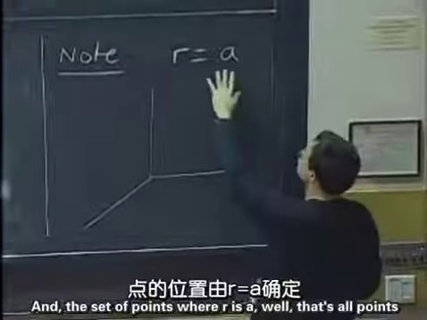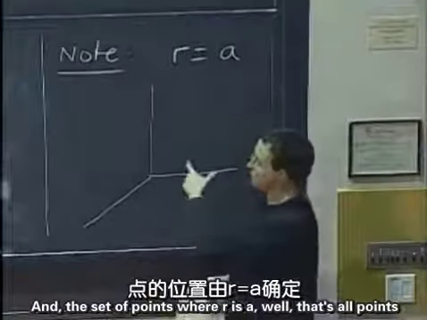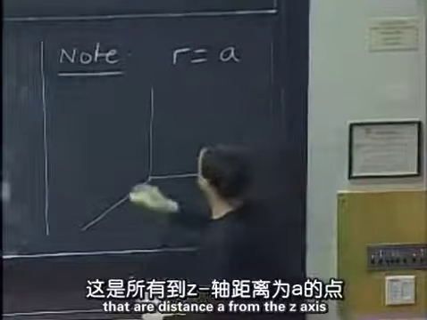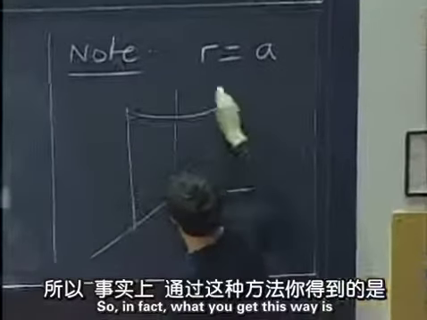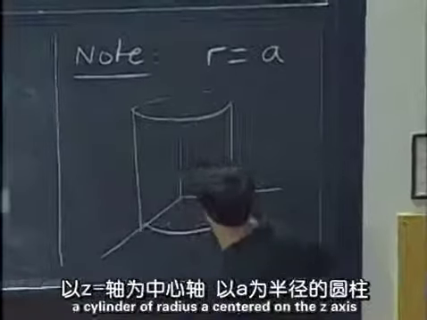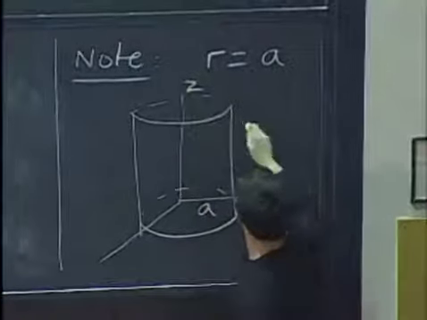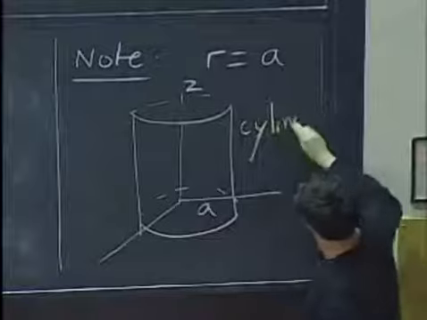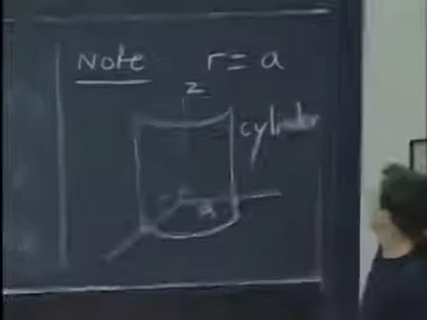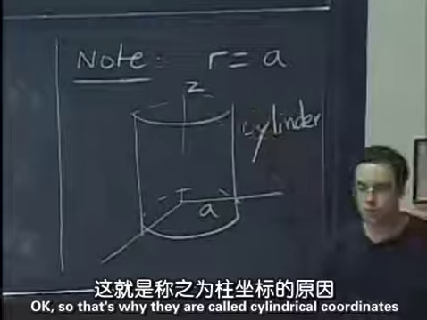And the set of points where r is a, that's all the points that are at distance a from the z-axis. So in fact, what you get this way is a cylinder of radius a, centered on the z-axis. So that's why they're called cylindrical coordinates.